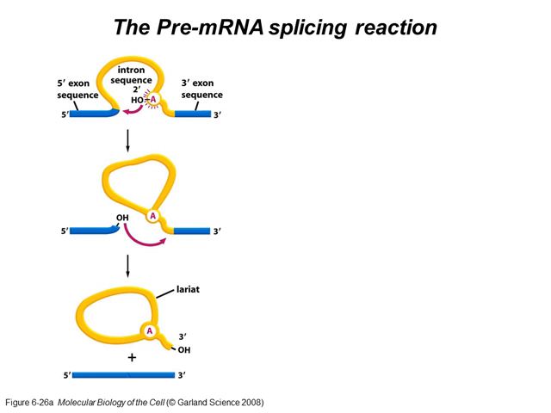That forms this structure called a lariat, right? Lariat. And then this free end attacks the other end of the intron and cuts it out. All right? So you're sitting there thinking, wait a minute. There's lots of A's throughout this sequence. Why doesn't it happen here or here or here or somewhere else?